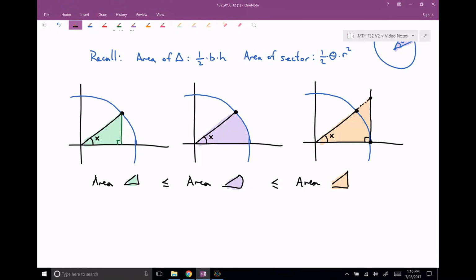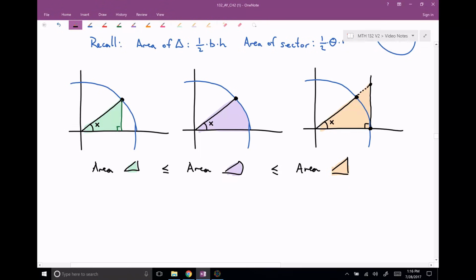So now the big question is, I need to use these area formulas, but in order to do that I need to know what the base is, what the height is, and so on. Area of a sector, another area of a triangle. Let me write some area formulas here. In this case, the height of this point is going to be sine of x, because it's on the unit circle.